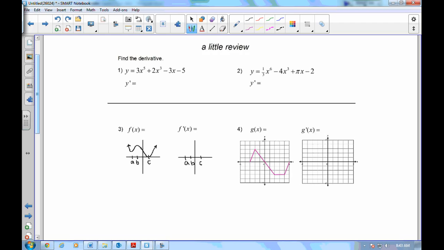Okay, find the derivatives. Let's practice those. Find the derivatives using the power rule. Be careful when you get to those fractions.